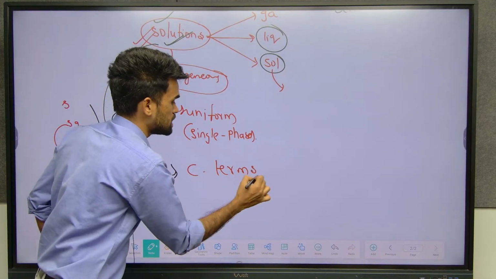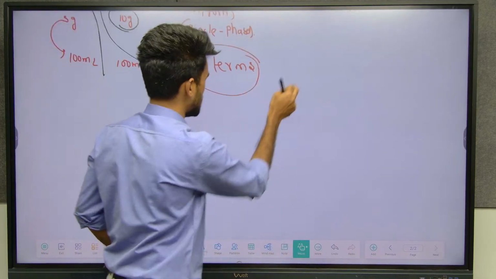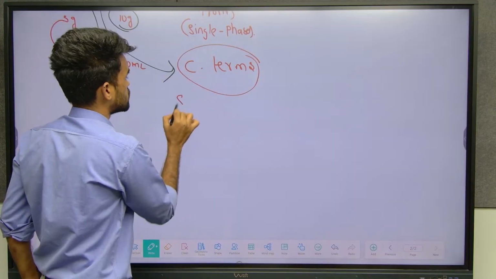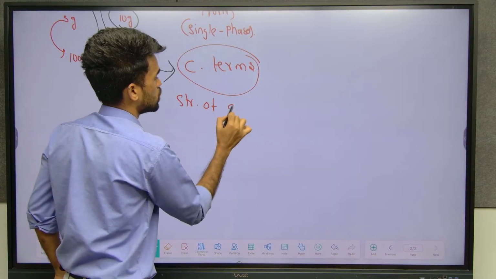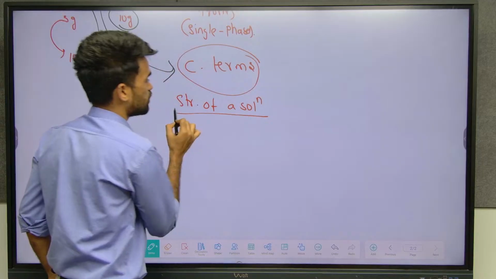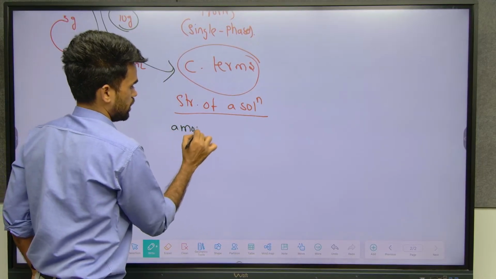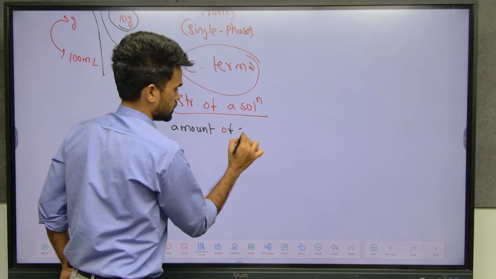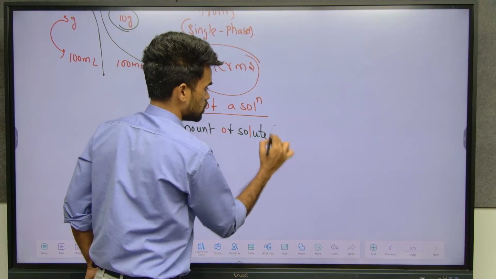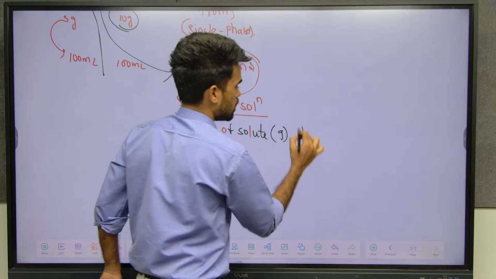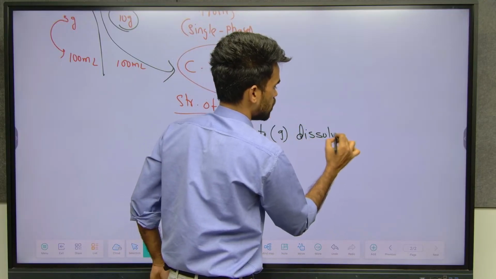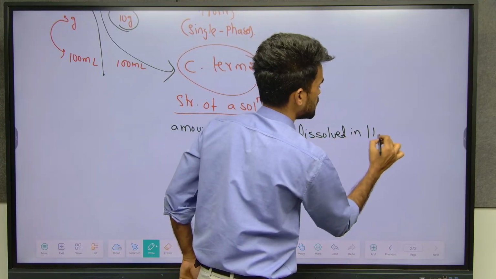Okay, so the first concentration term is strength of a solution. Strength of a solution means the amount of solute in grams dissolved in 1 liter of solution.